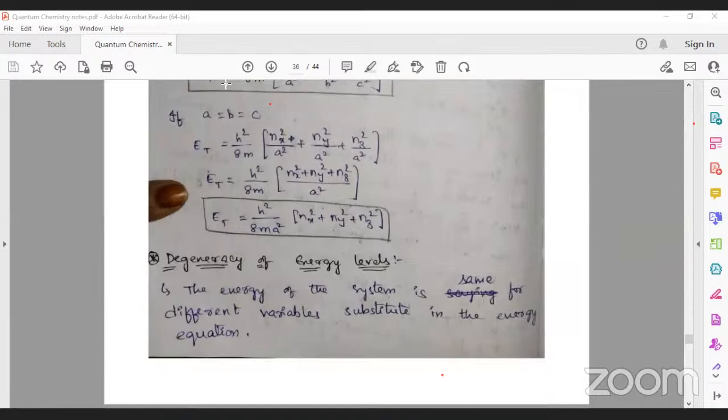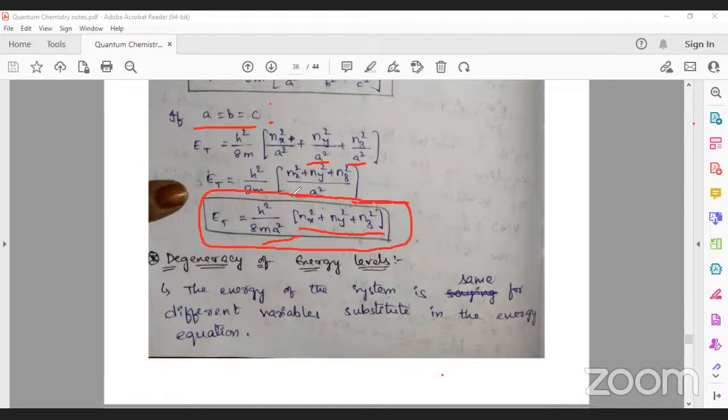So a is equal to b is equal to c, meaning instead of b, a, instead of c, a. Therefore, nx square plus ny square plus nz square by a square only. If we take h square by 8m common, we will get nx, ny and nz squares, right? This is the total energy of the three-dimensional system.